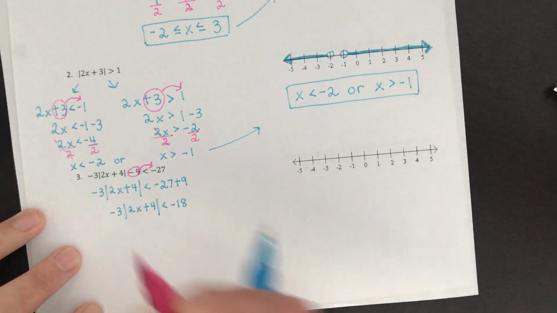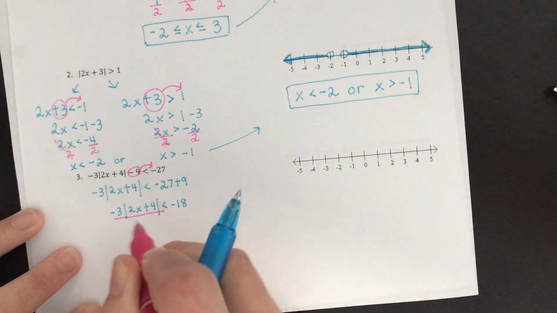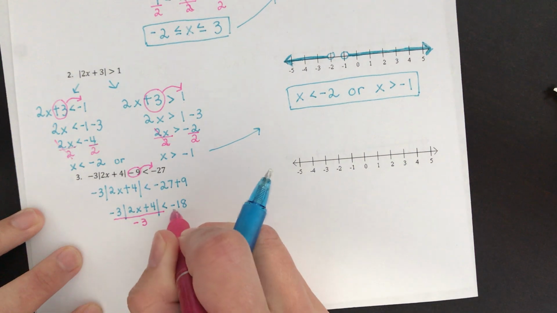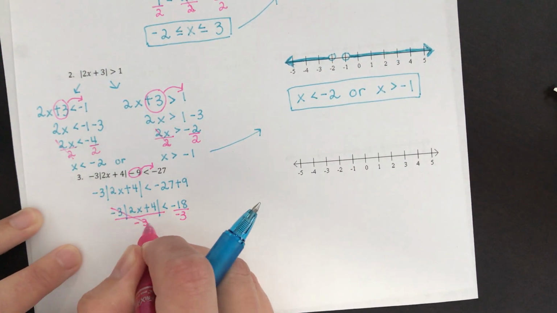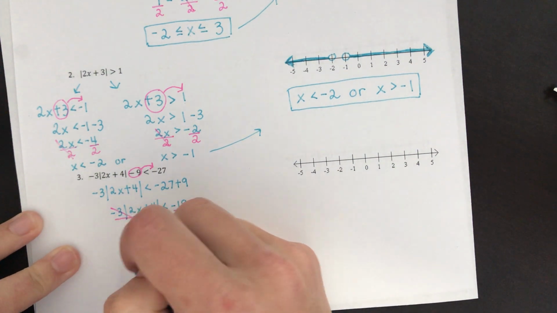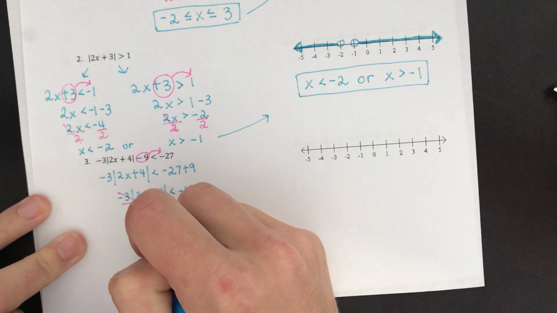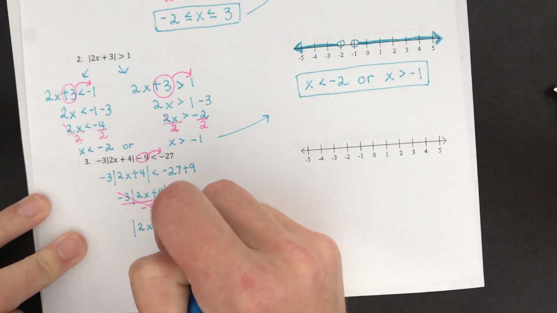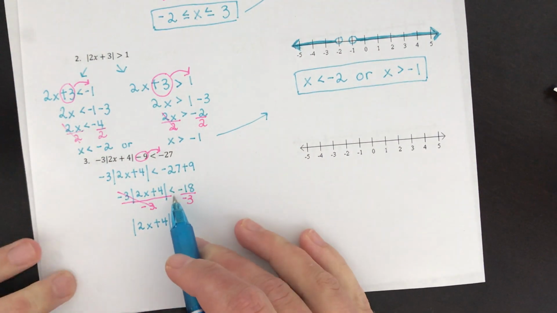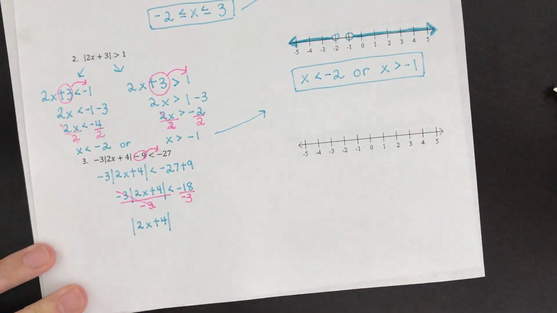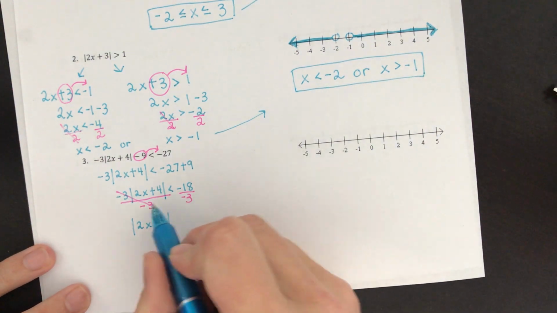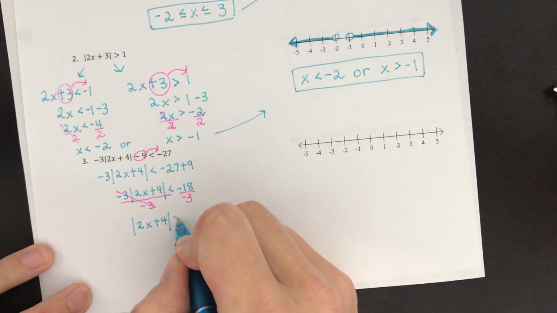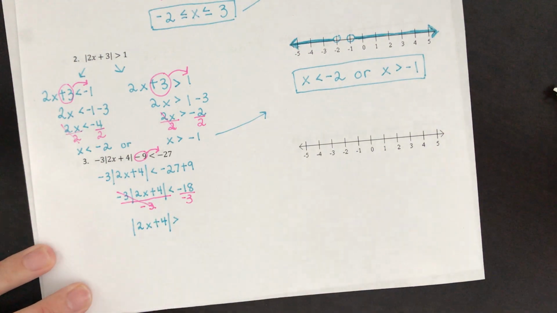And then I'm going to divide to get rid of the negative 3. I'm going to divide both sides by negative 3 because, of course, negative 3 divided by negative 3 is 1. And I don't need to write that implied 1 out in front, hence the word implied. It's implied. A red crazy noise is going off in my head saying, what just happened? I have to flip my symbol because I divided by a negative.